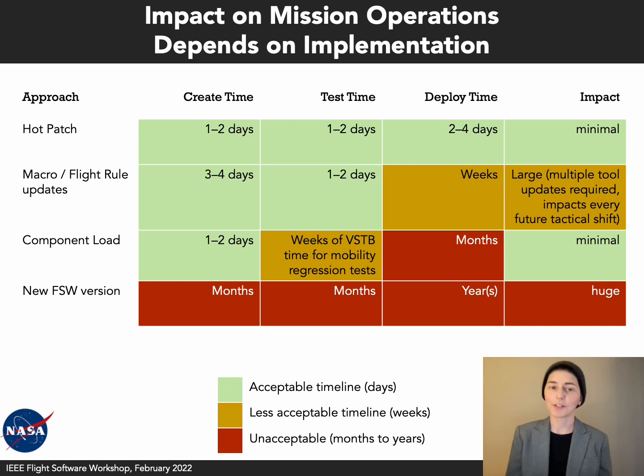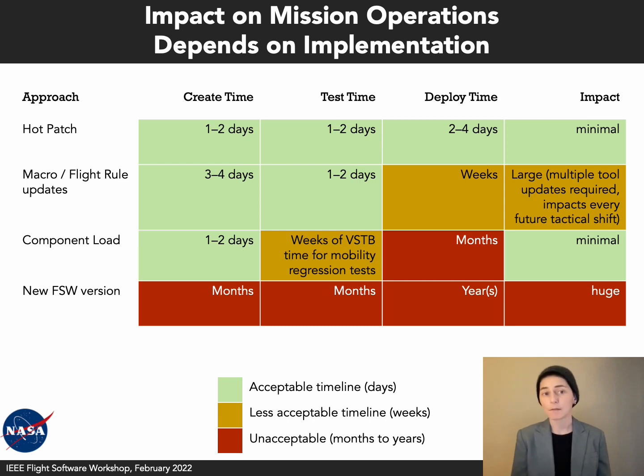Impact on mission operations depends on how you implement the change. Here we've got a table of approaches, hot patch, macro or flight rule updates, component loads, and a whole new flight software version versus create time, test time, deploy time, and overall impact to mission ops.